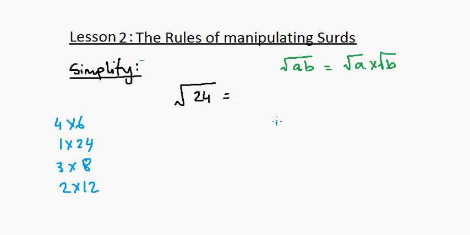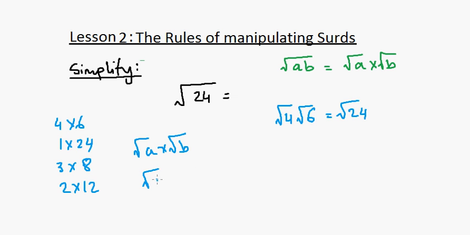So let's have the square root of 4 times the square root of 6 equals the square root of 24. And I forgot to mention simple algebra: A times the square root of B is the same as root A root B. You know, in algebra, you just put them next to each other and they multiply.